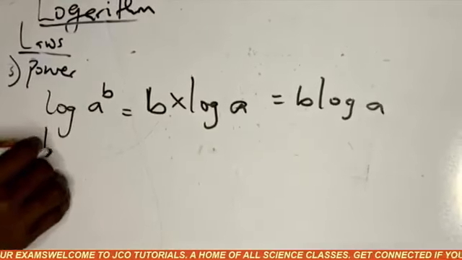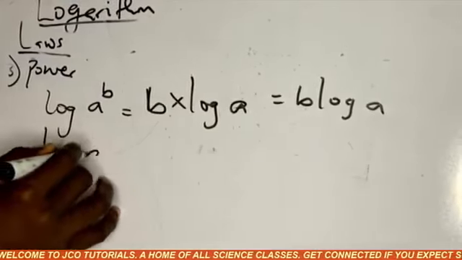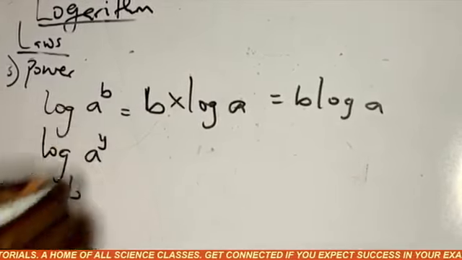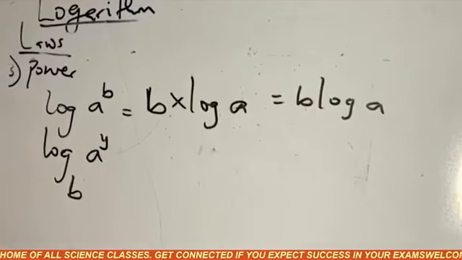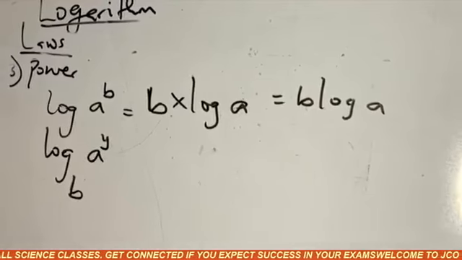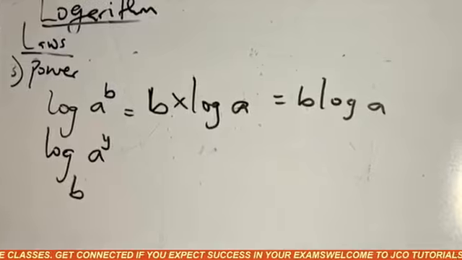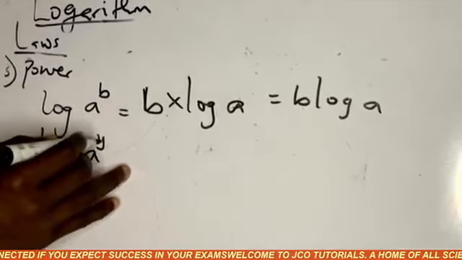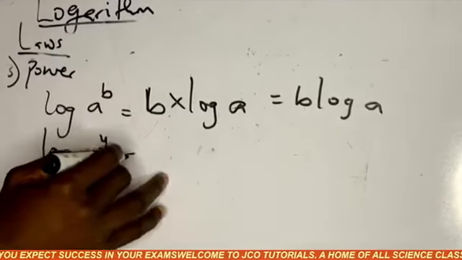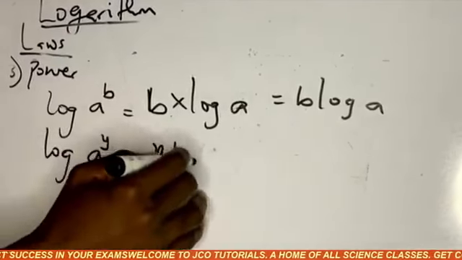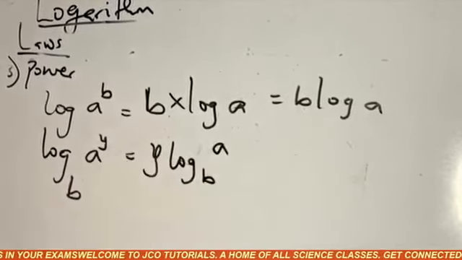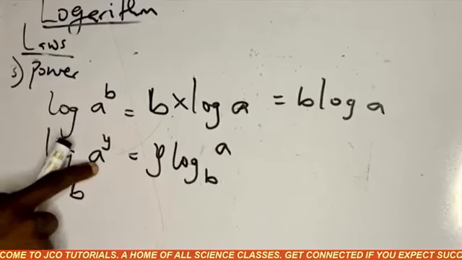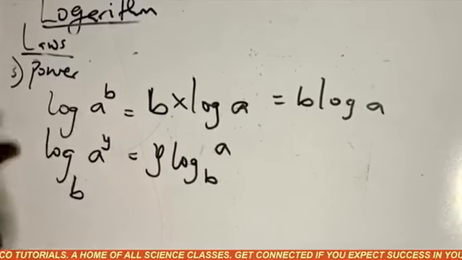What if I have log a base b, but that a is raised to power y? Watch it now, because this is very, very sensitive. Once I know the laws, then I can begin to deal with some problems. This power here comes to the front, becomes y log a base b. That y has gone to the front to multiply the log a base b. Once it moves, it's no longer there.